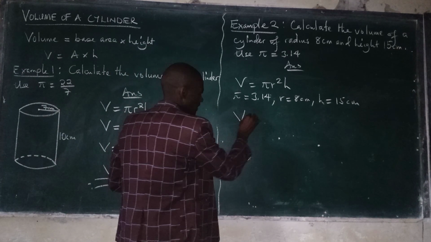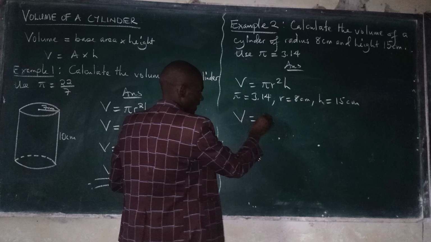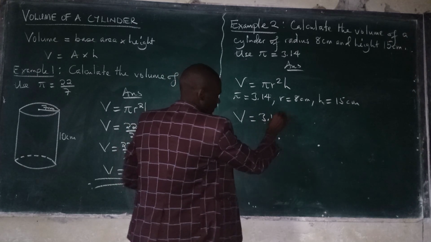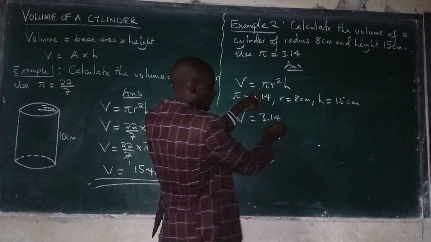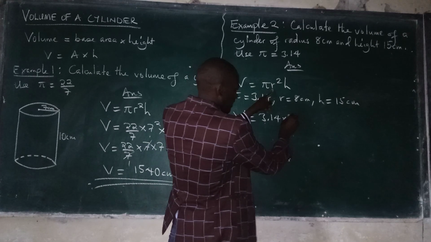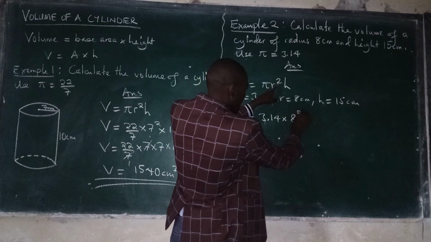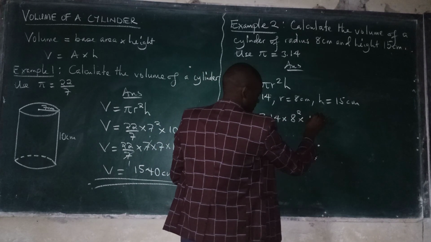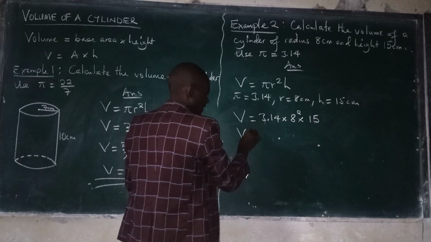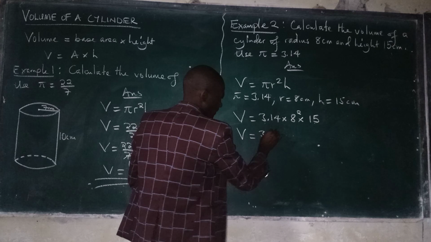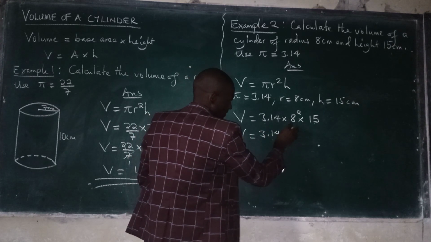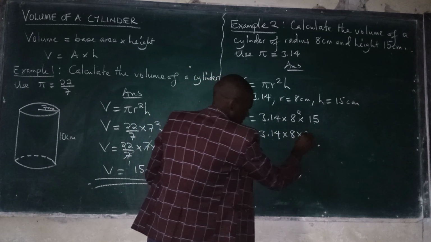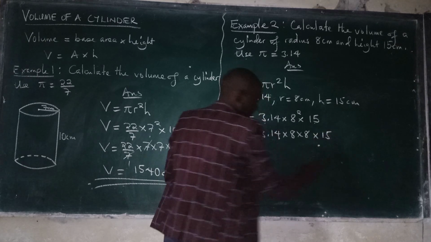V is equal to pi, 3.14, times r, 8, which should be squared, and then times height. The height is 15. Volume is therefore equal to 3.14 times 8 times 8 times 15.